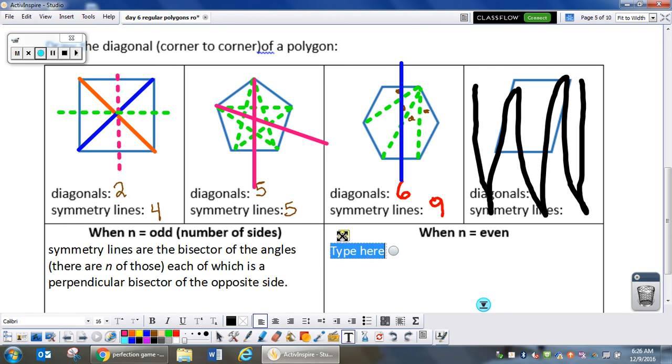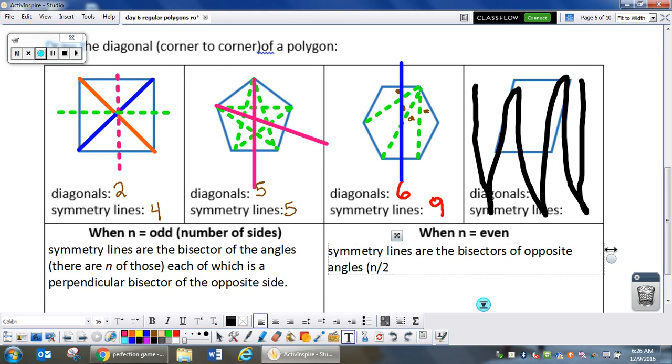And then when n is even, your symmetry lines are the bisectors of opposite angles, and there's n divided by 2 of those, so half of them. And they're also the perpendicular bisectors of the sides.